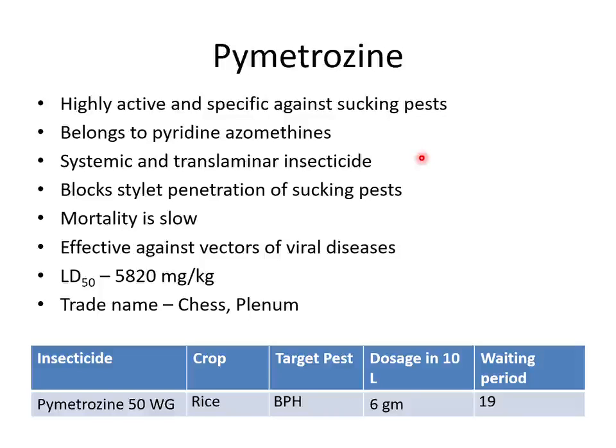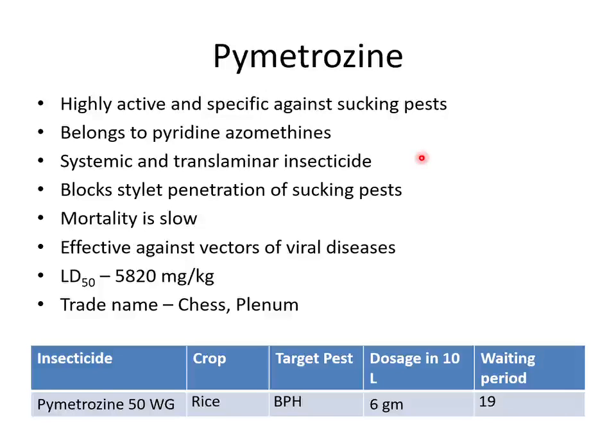A whitefly or an aphid, which is a vector of a viral disease, comes over to the plant and starts feeding. If the insect needs to get killed, it needs to insert its stylets and suck sap from the plant, and only once the insecticide present in the sap reaches the insect body will the insect get killed. This is with respect to neonicotinoids.